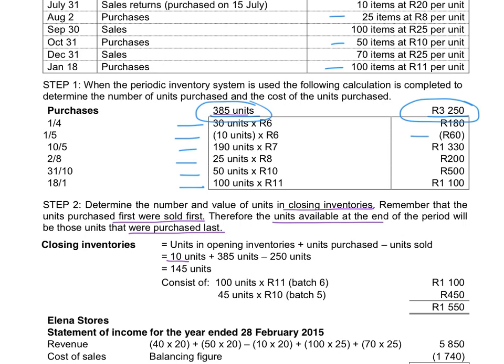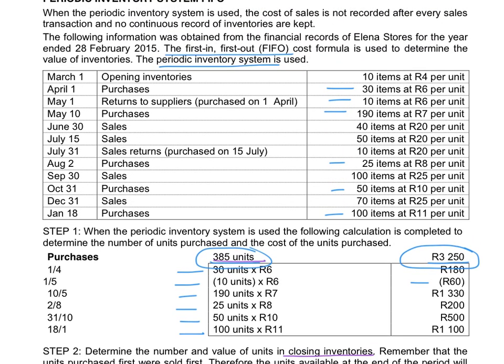We bought 385 units. And if we look at how many units we sold during the year, I add up the 40 units that were sold plus 50 gives me 90. Then there's 10 that was returned, so that's 80, plus 100 is 180, plus 70 is 250.